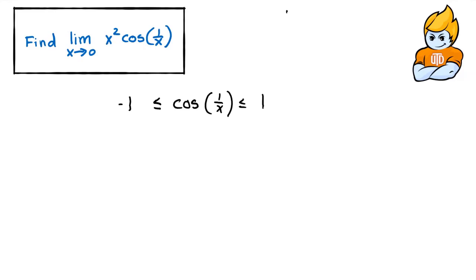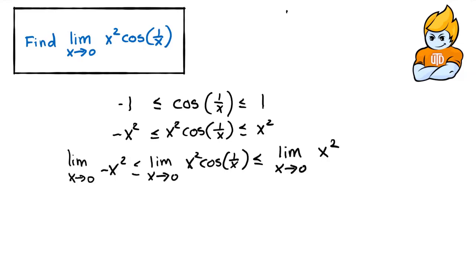Next, we multiply everything by x squared. And because x squared is not negative, the direction of the inequalities isn't changed. So now we can take the limit of everything as x goes to 0. Now the limit of both plus and minus x squared is 0. So because the limit of our function is somewhere between 0 and 0, the limit must be 0 itself.